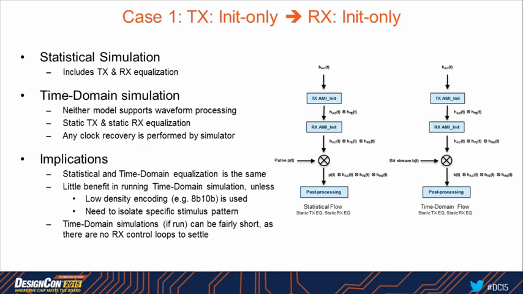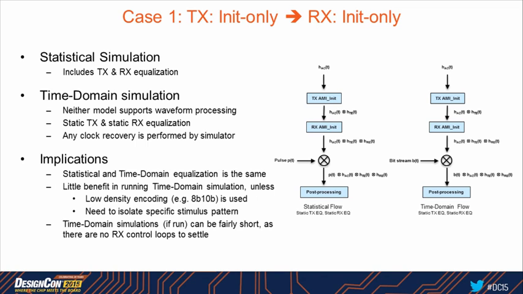It then passes that to the receiver model that adds its impulse response equalization. So now we have an impulse response that has both TX and RX equalization in it. It convolves that with a pulse because now it gets the equalized pulse response, and it puts that into a statistical engine and post-processes it. And lo and behold, we have a statistical result that includes equalization.